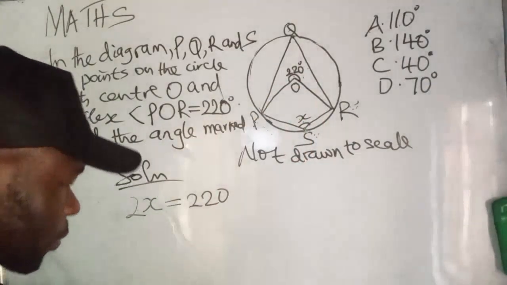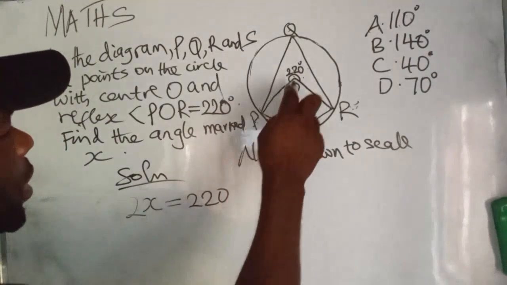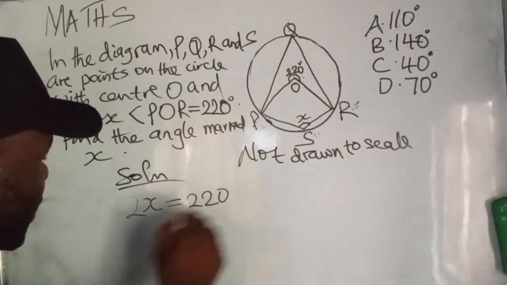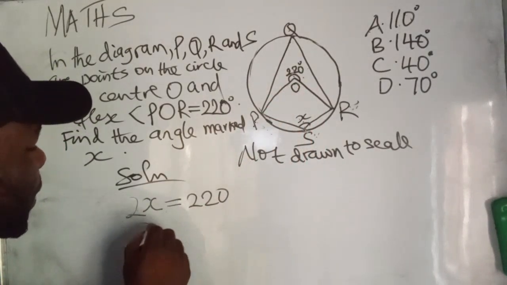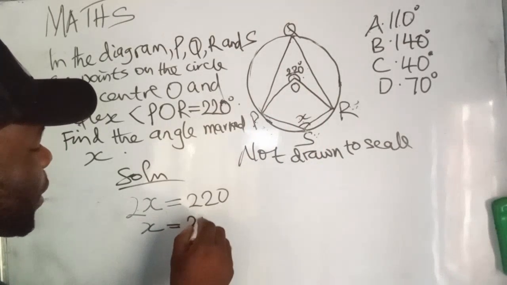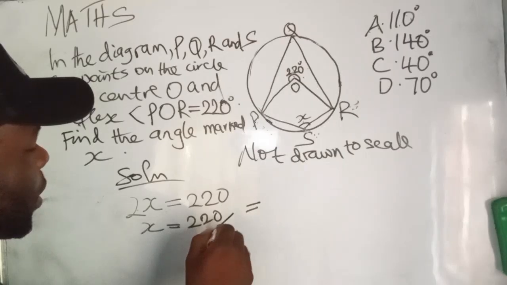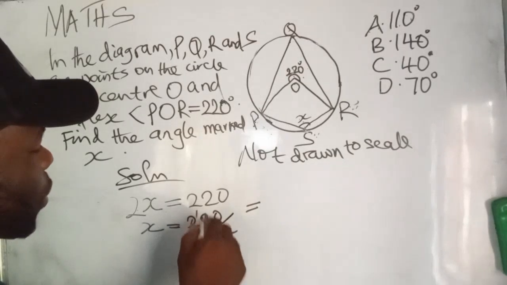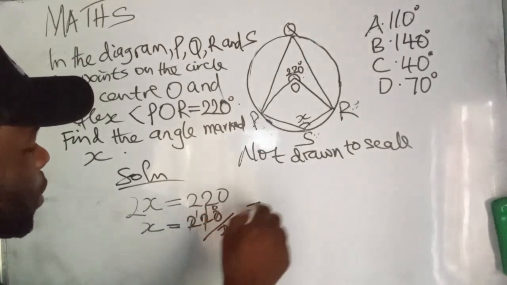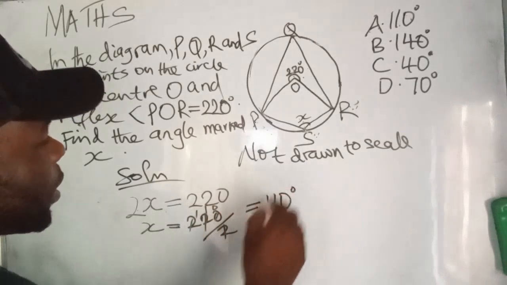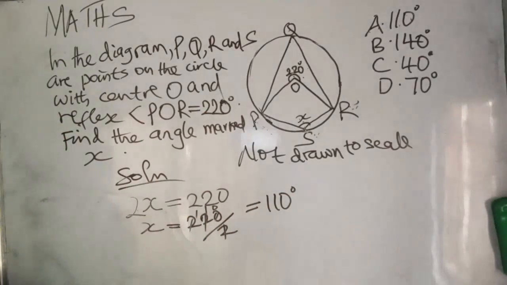Making X the subject of the formula, X is equal to 220 divided by 2, which is 110 degrees.